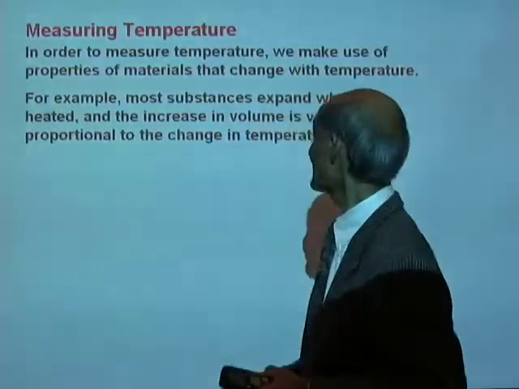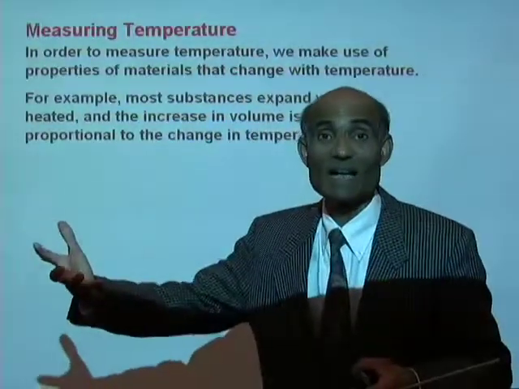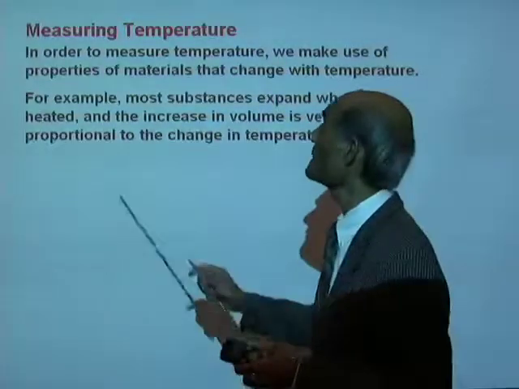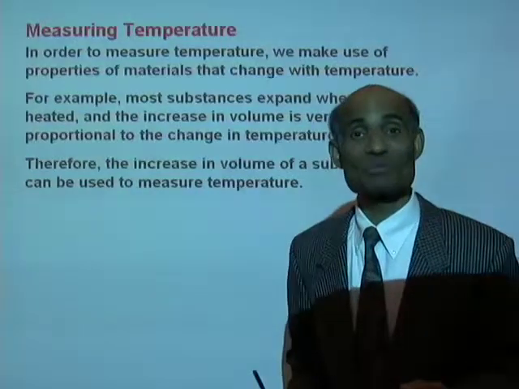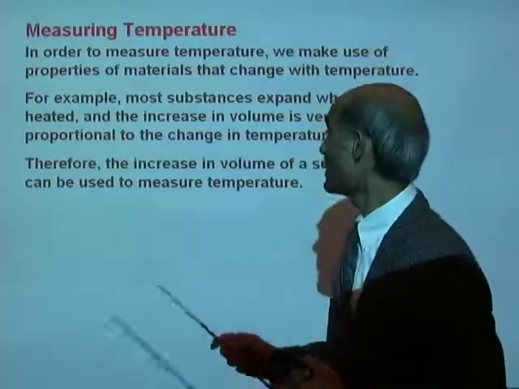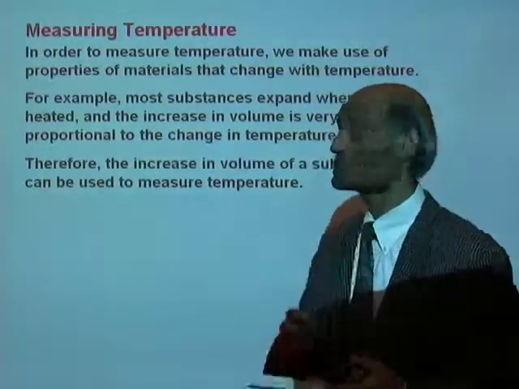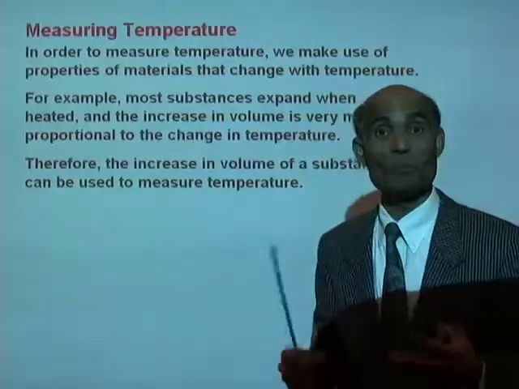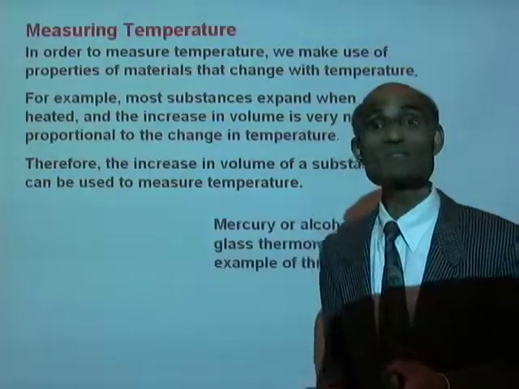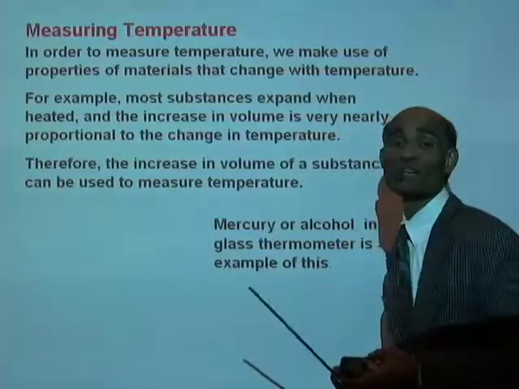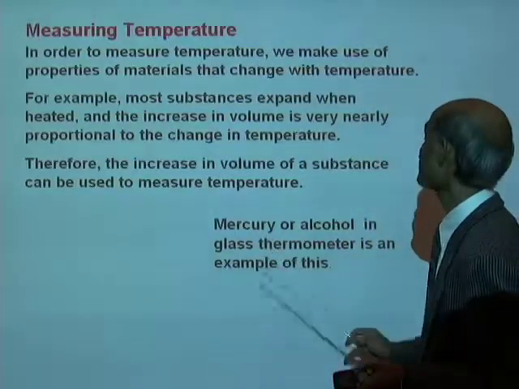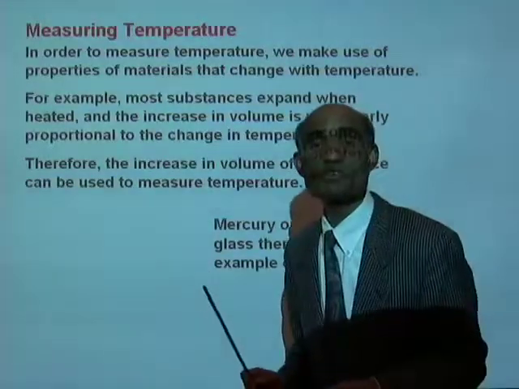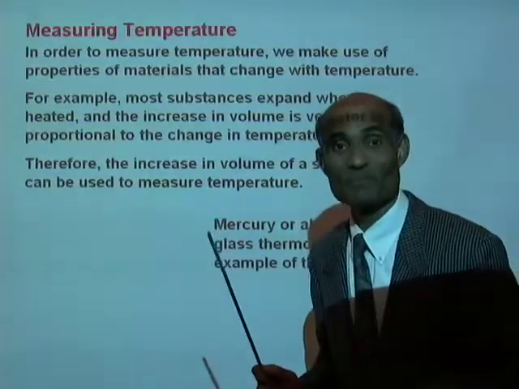So most substances expand when heated, and the increase in volume is very nearly proportional to the change in temperature. Therefore, an increase in volume of a substance can be used to measure temperature, and that is what we do in thermometers. Mercury or alcohol in glass thermometers actually make use of that property.